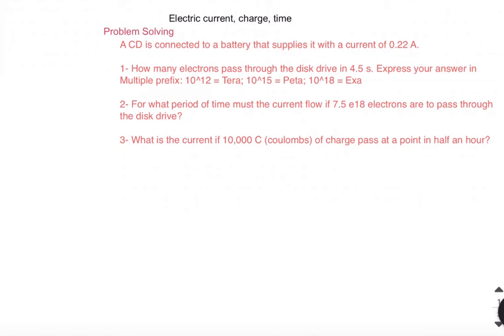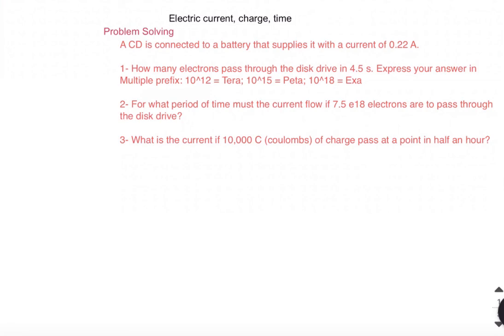Half an hour is 30 minutes, and we have to convert the 30 minutes into seconds, so multiply by 60, which gives us 1,800 seconds. We just do these calculations, and that will give us 5.6 amperes.